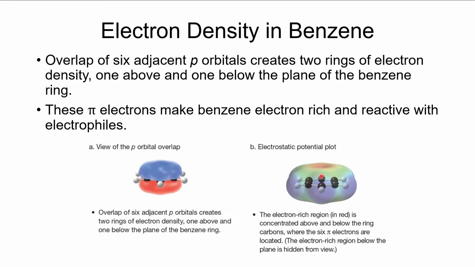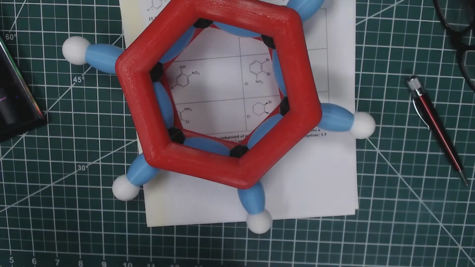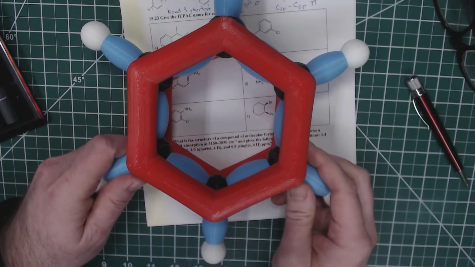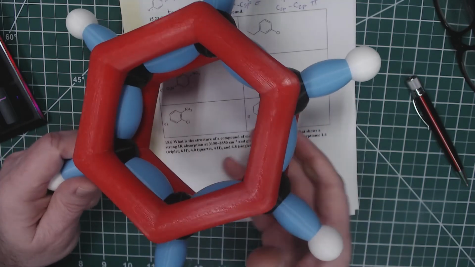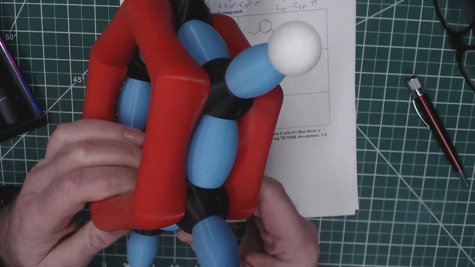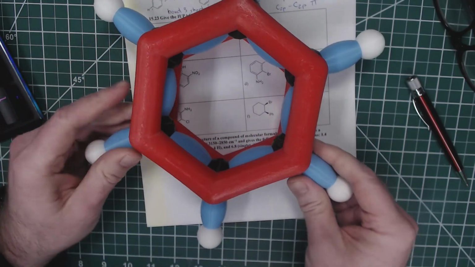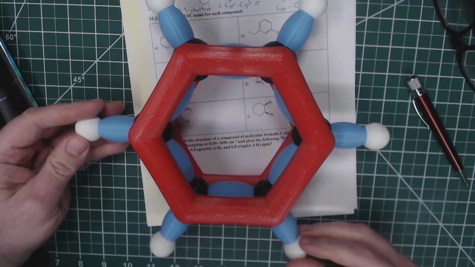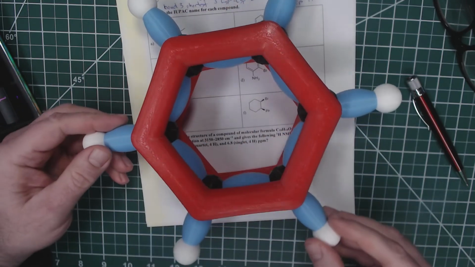Now, I'm going to show you a molecular model, one that I 3D printed. So I'm going to go back to this image. This is a molecular model that I made for my classes. I designed it and 3D printed it. The carbons and the hydrogens, all 6 of them, are coplanar, so they're all in a plane.